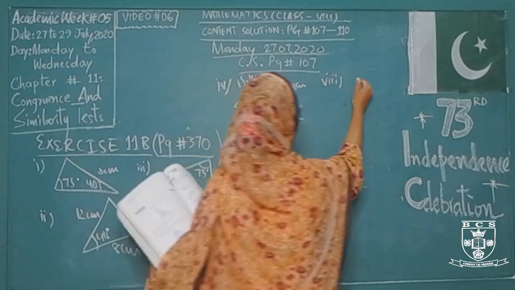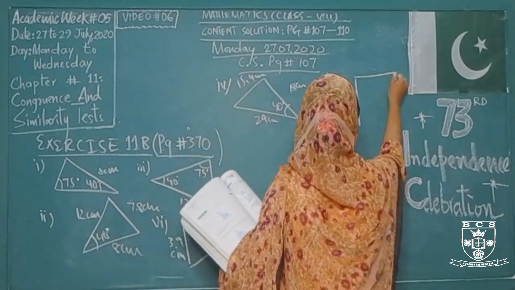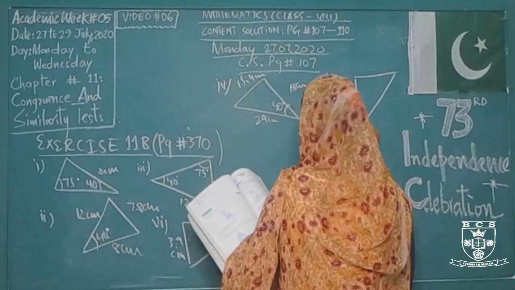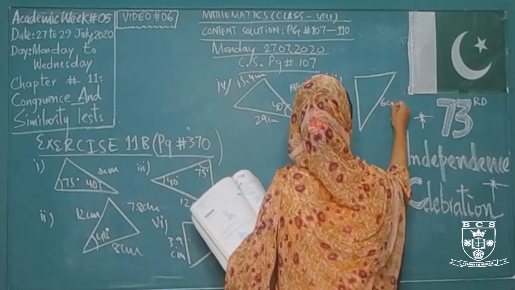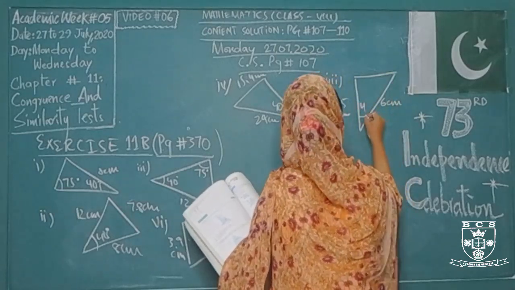The eighth triangle is just like this: 4.5 cm, 6 centimeter, and an angle of 40 degrees.